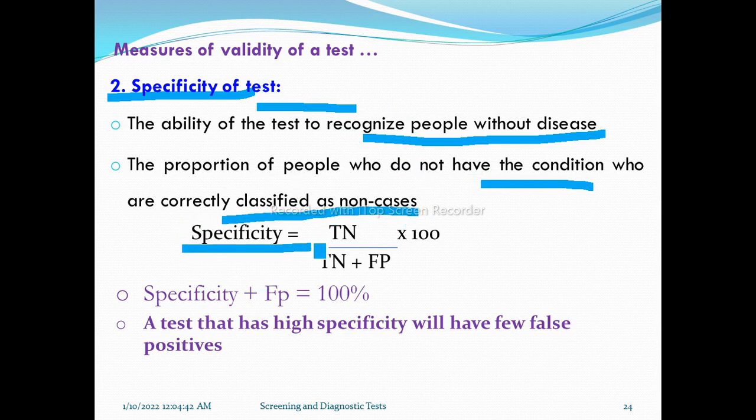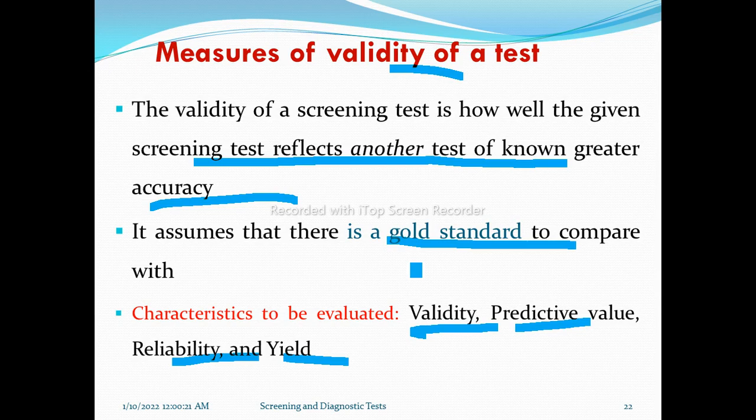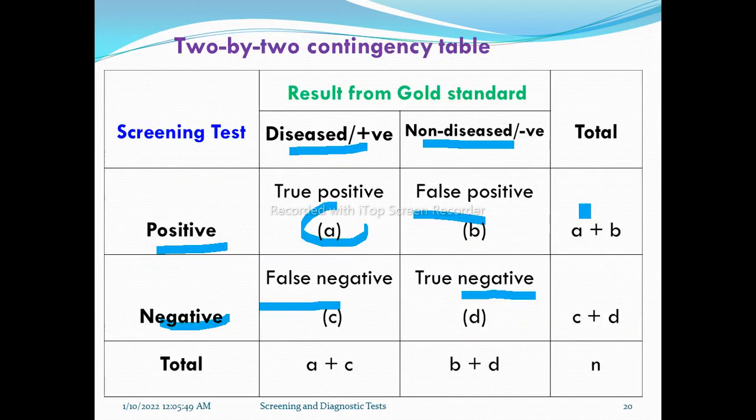Specificity is true negative over true negative plus false positive, times 100. That is D over D plus the false positives, D over D plus B, times 100.